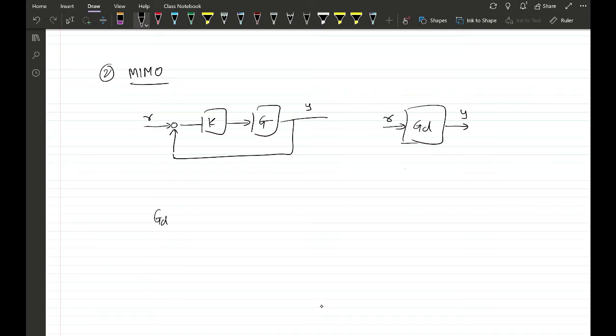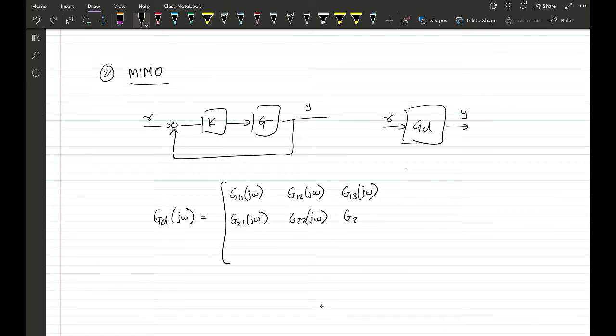So G_CL of j omega is now a 3x3 transfer function, and let's try to see what the Bode plot of this looks like.